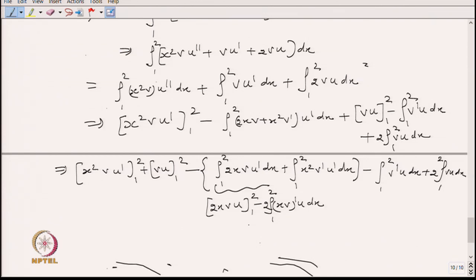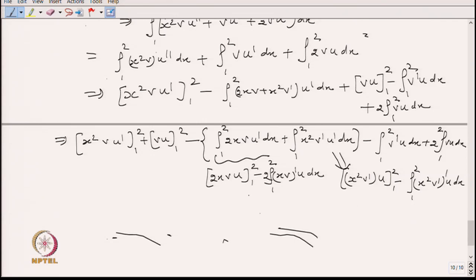So, this is the corresponding integral, and now if I solve this one, this will be again x square v dash u from 1 to 2 minus 1 to 2 x square v dash u dx, and the other quantity will be the same.